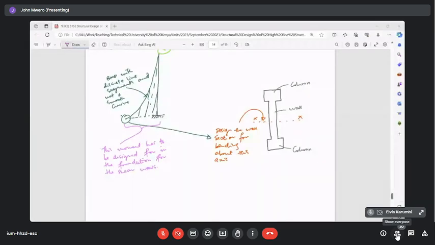Whenever we have a shear wall in a building, we will have a foundation that needs to be designed to carry the bending moments resulting from those shear walls.